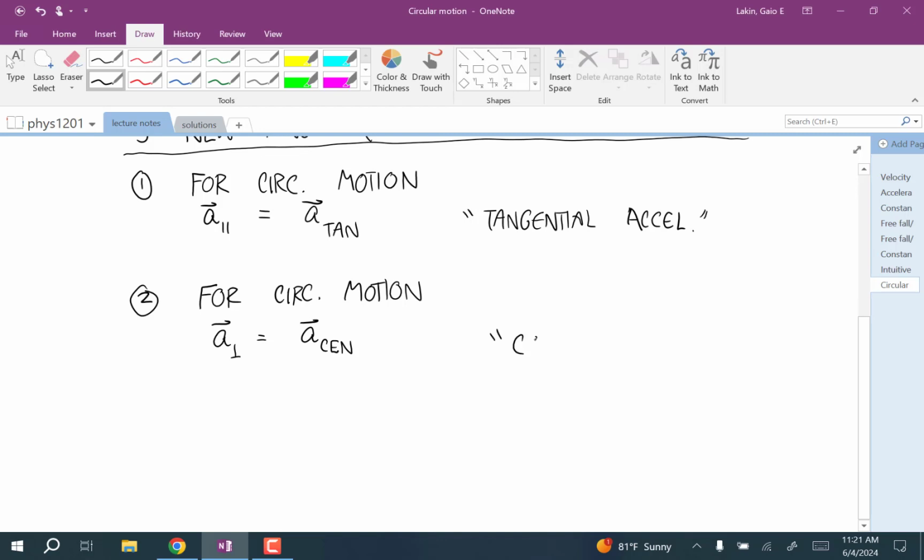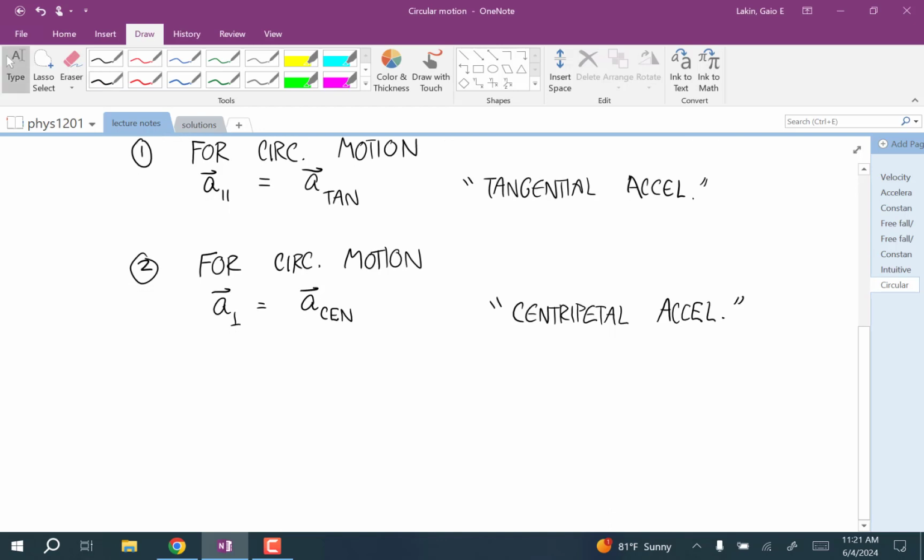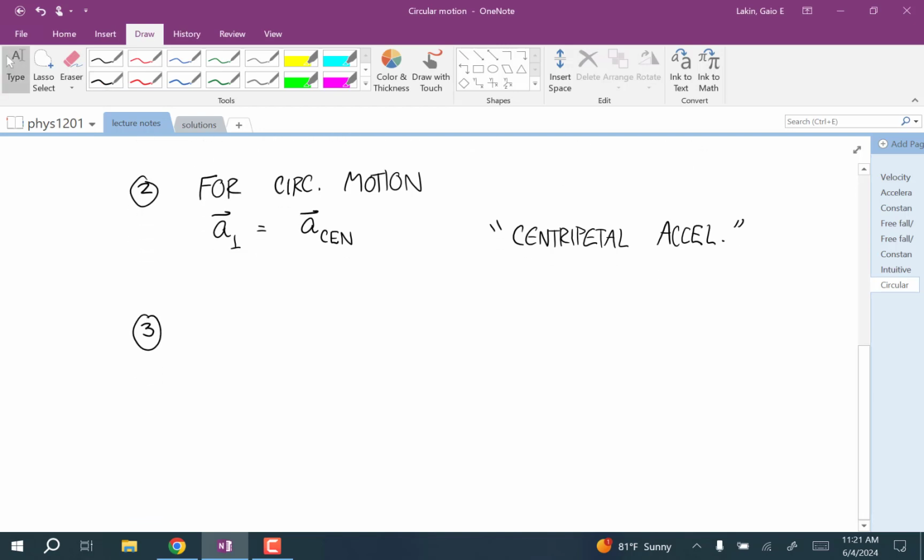If you're saying this in words, this is centripetal acceleration. So those two are important for communicating with people, but they don't really change our understanding. This third one is really important, though. This is the only new thing that's anything other than a name, but this is a crucial thing.